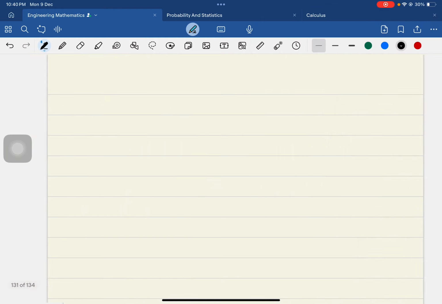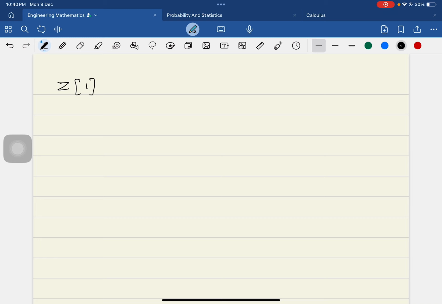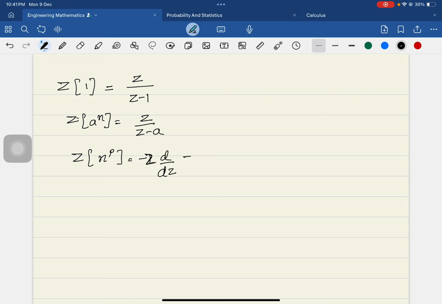So let us have a recap of all this now. What we have done up to now in the previous lecture and today's lecture is, Z of 1 is z over z minus 1, Z of a power n is z over z minus a, and Z of n power p is, already we have written that formula, minus z into d by dz of Z of n power p minus 1.